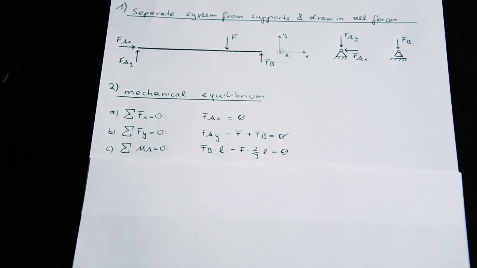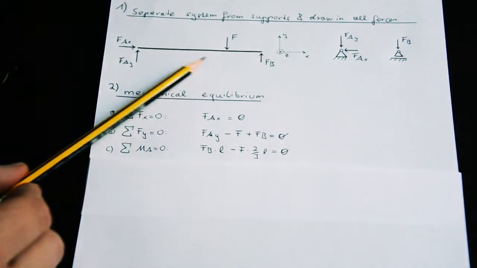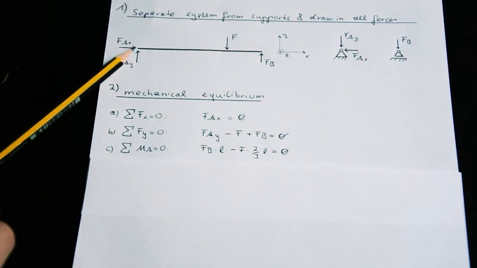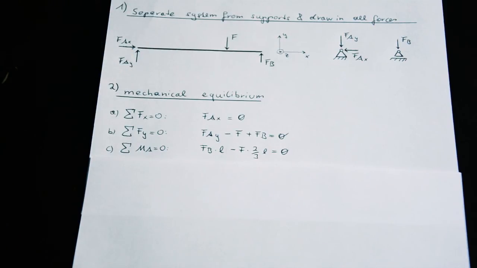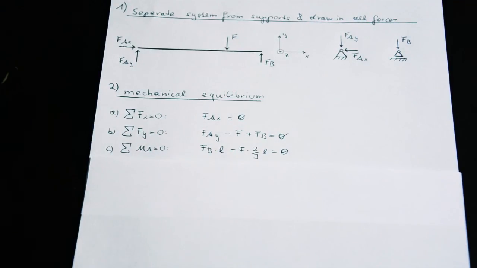We also have the moment minus F times 2/3 times L. 2/3 times L is the distance from the line of action of force F to point A, yeah? Which is at right angles to the line of action of force F. This torque has a minus in front because it's rotating clockwise and against the positive direction of rotation of a coordinate system.